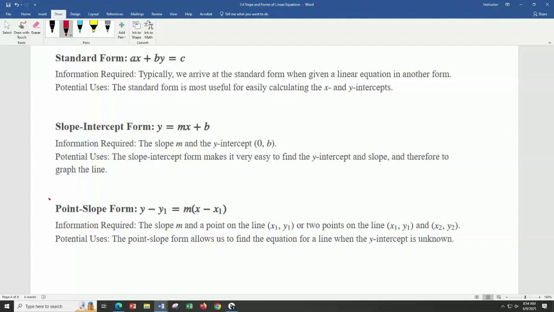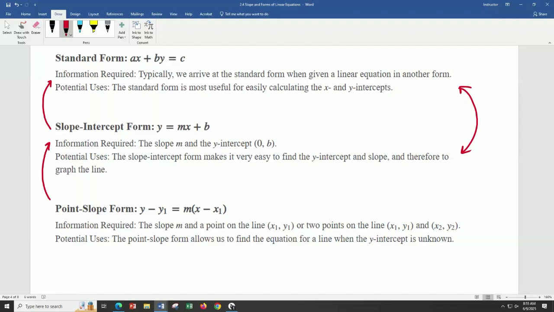Usually you will go from here to here and here to here. Now these two you will use interchangeably. I'm not saying there's never a time. I was really about to say maybe there's a time. No, there's not. You will never go back to point slope form.